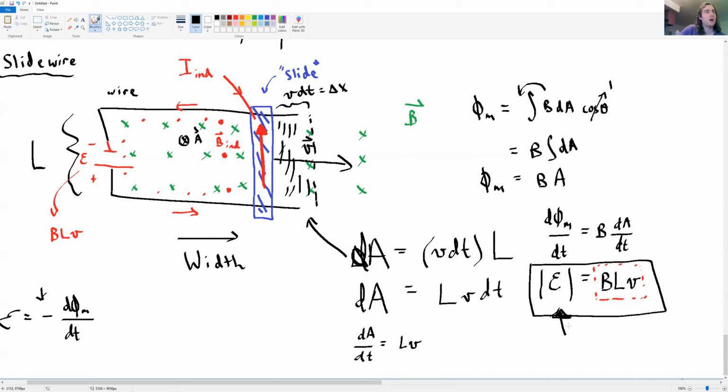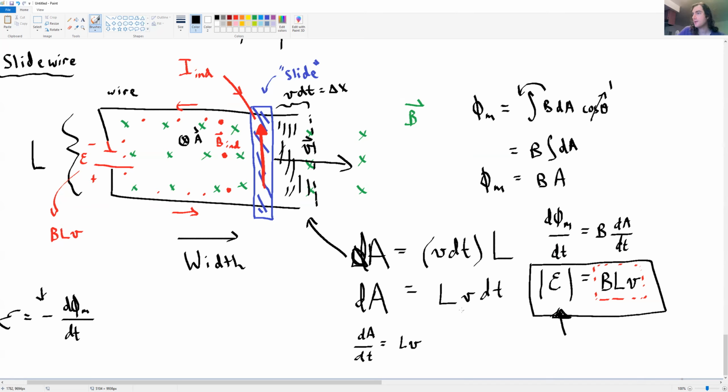Or maybe we pull on it with a constant force. If we pull on it with a constant force for a long time, it's going to end up with a constant velocity in the long time limit. We just proved that with that differential equation. So if this thing is moving with constant velocity, the induced voltage is directly proportional to the velocity.